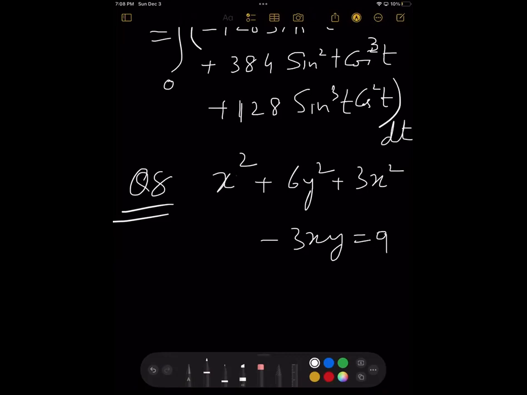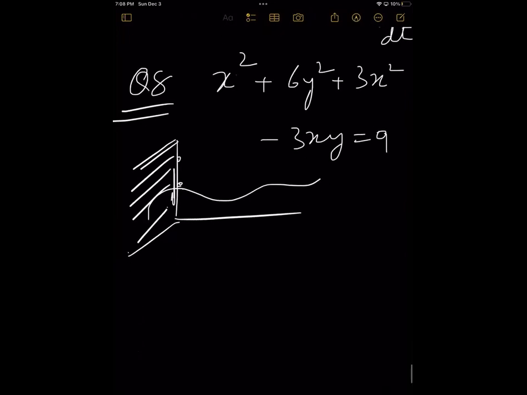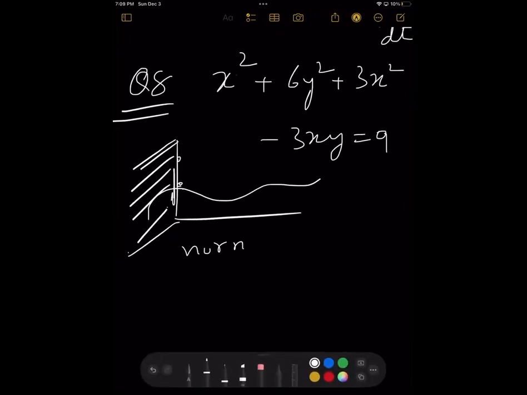So there is a surface like this one, and this is the xz plane. There is a tangent plane parallel to the xz plane, touching this surface. I don't know what type of surface it is, but it is touching. And there is a rule that the normal to the tangent plane is equal to the normal to the surface at the point where they touch.